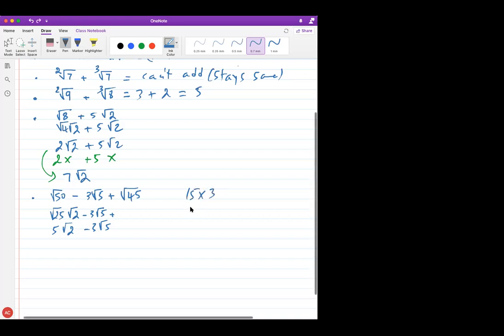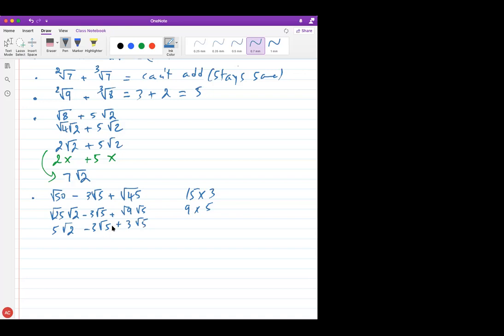Which combination is good to get a perfect radical? 9 and 5. That's right, because we know the radical of 9. So 45 turns into 9 times 5, this turns into 3, and this stays the same.